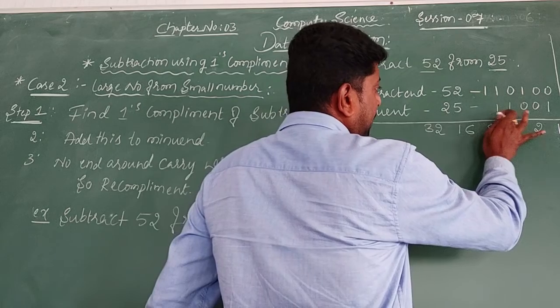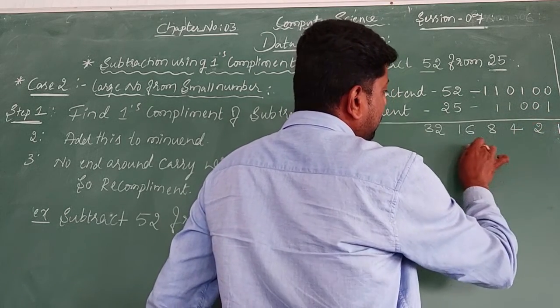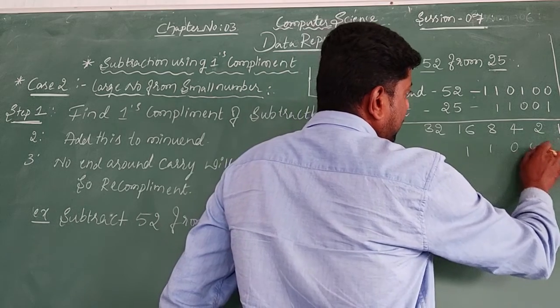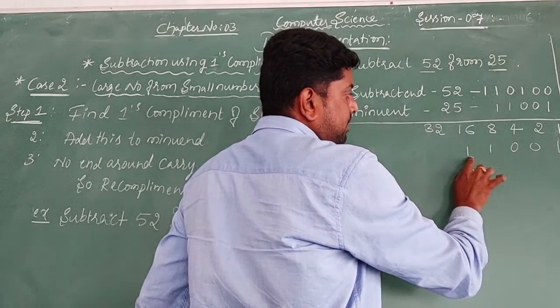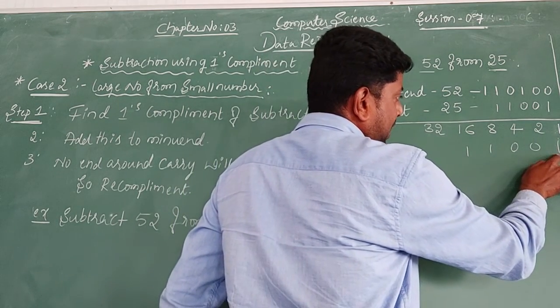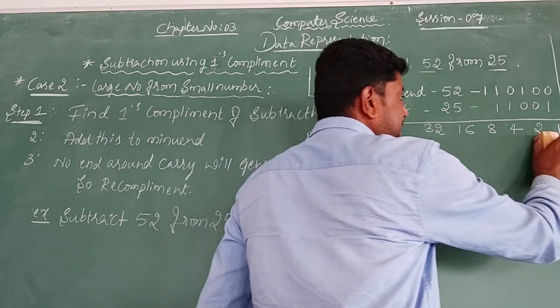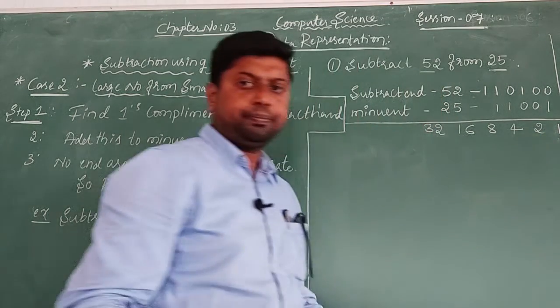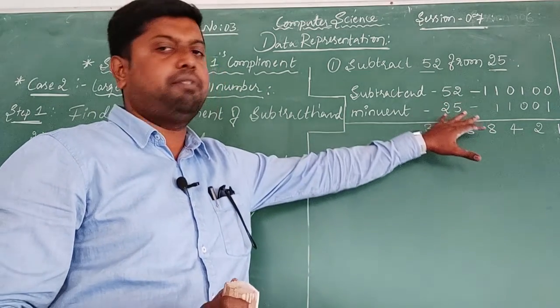Here it is 11001, a 5-digit number: 16 plus 8 is 24, 24 plus 1 is 25. So this becomes the binary representation for 25.